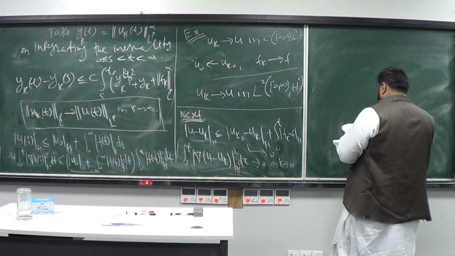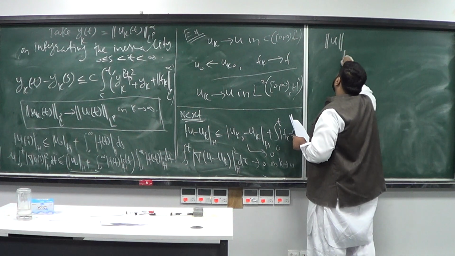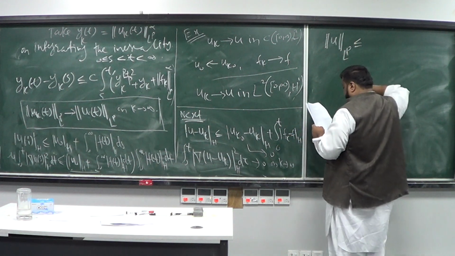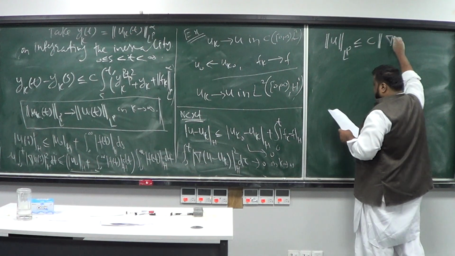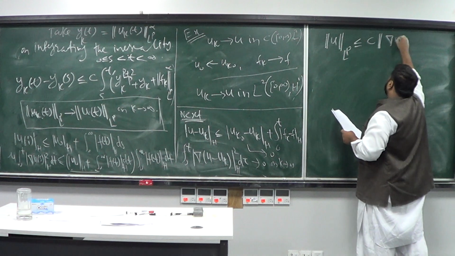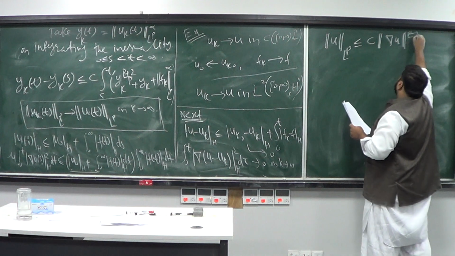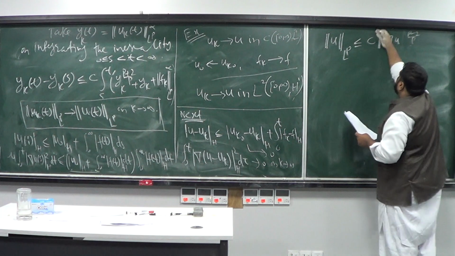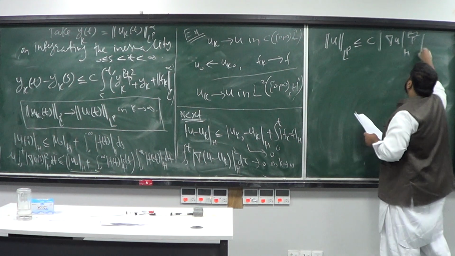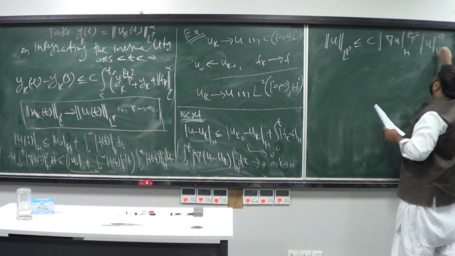This version: the Lp norm of u can be estimated by the gradient of u to the power (p minus 2) over p in L2 norm, times the H norm of u raised to 2 over p.